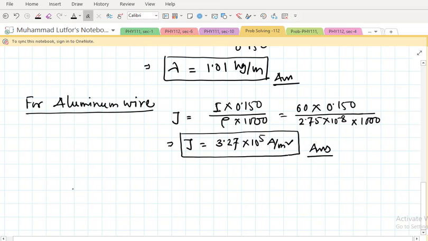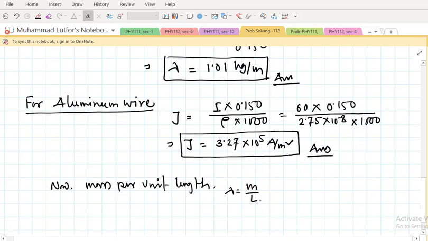Now the mass per unit length, which I formulated as lambda equal to m by L, which we found is mass density into resistivity into 1000 divided by 0.150.